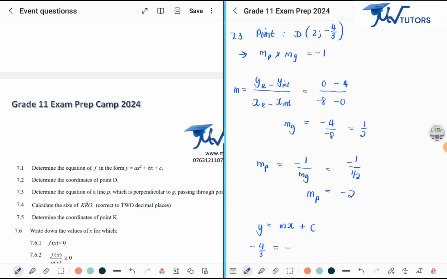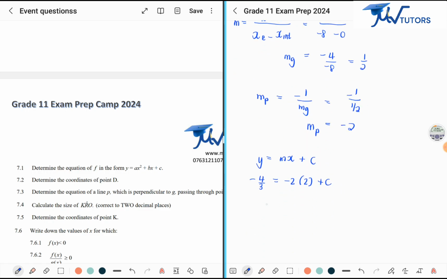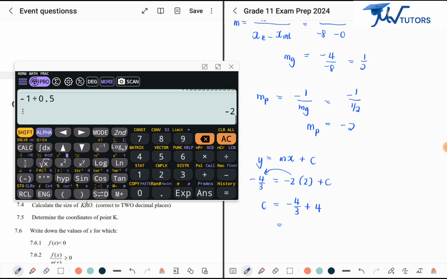And our gradient is -2 in the place of m. In the place of x, I will put 2. And then I can solve for c. So c will be -4/3 plus, so we have -2 times 2, which is -4. If I take it to this side, it will be +4. So there we go. -4/3.